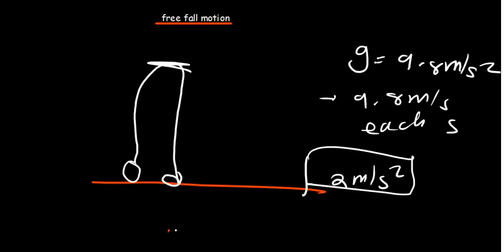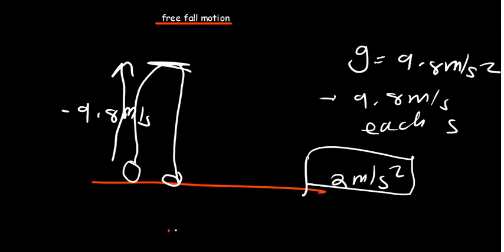So this gravitational force, or the value of g, is just showing us how the velocity is changing. As we go up, the velocity is going to be reducing by negative 9.8 meters per second in every second. Therefore, we have 9.8 meters per second squared.